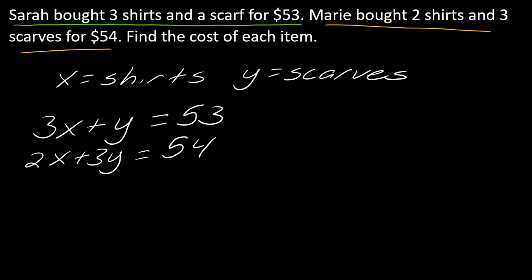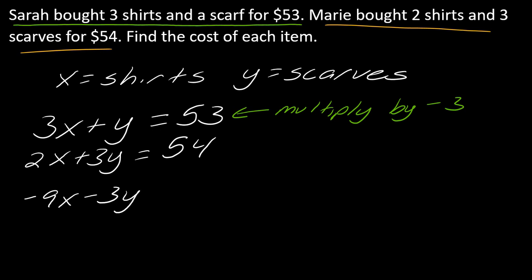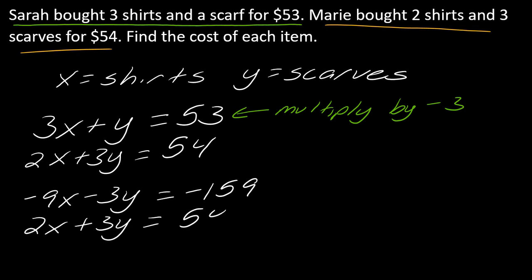So what I'm going to do is I'm going to use elimination. So I'm going to multiply this equation by -3 so that I have -9x minus 3y equals -159, and then this is 2x plus 3y equals 54.